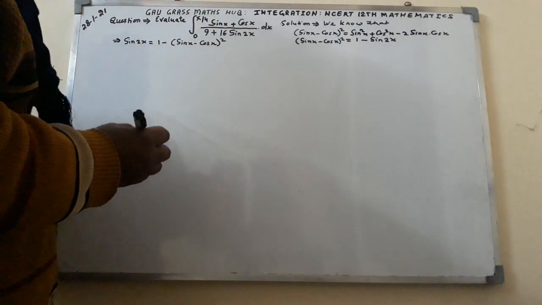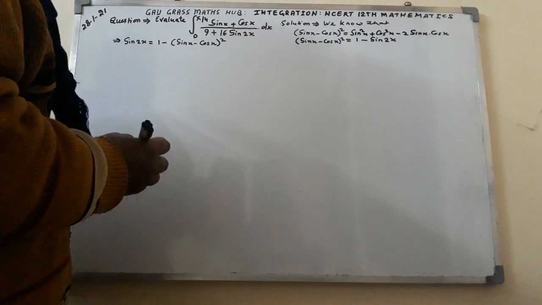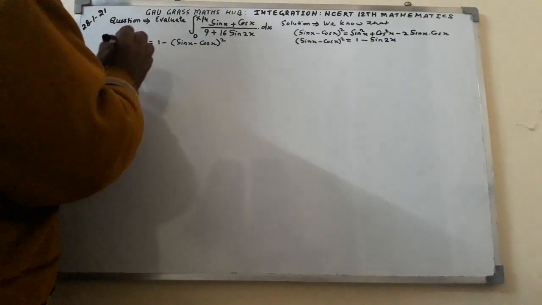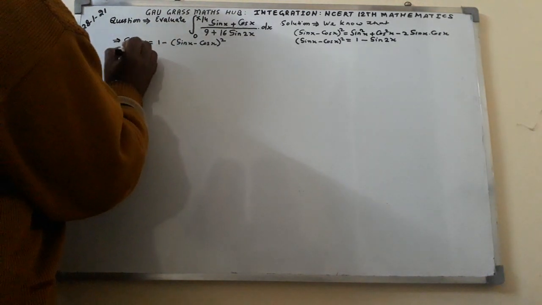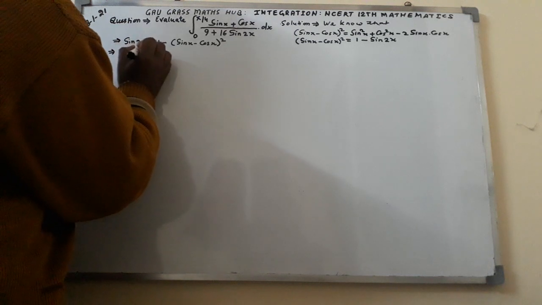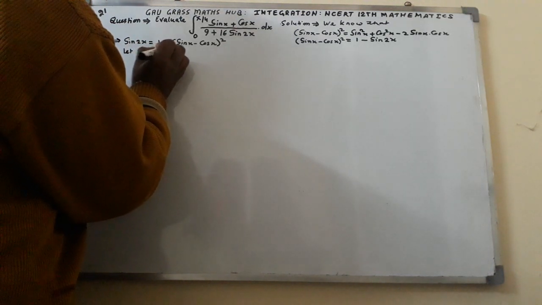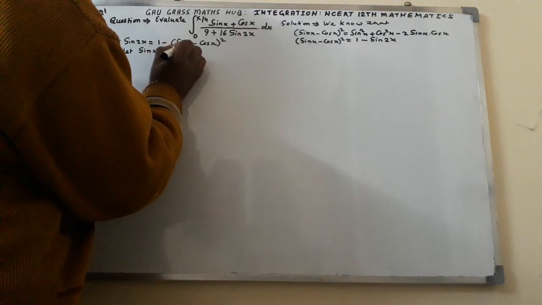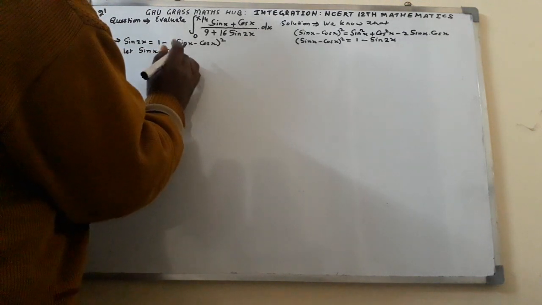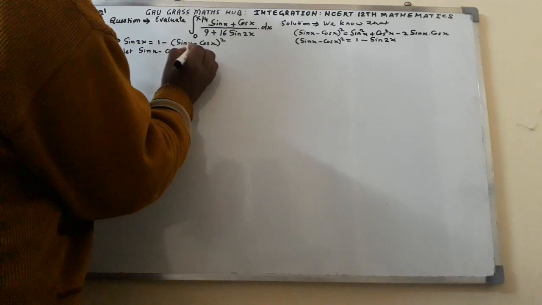Again, what we'll do next? Next I shall write, let sin x minus cos x equal to t.